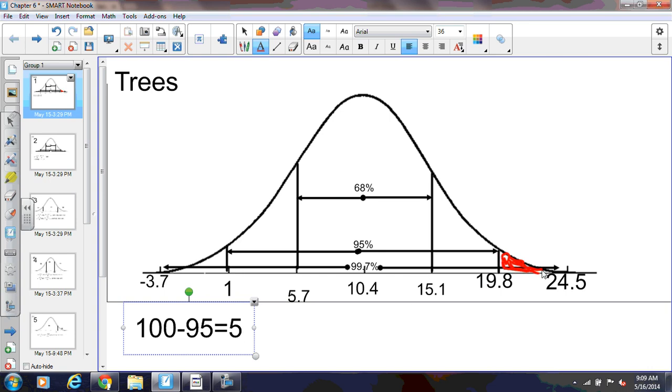Since we're just interested in the area above 19.8, and this is a symmetrical distribution, we can divide 5 by 2. It gives us 2.5%. So 2.5% of the trees would have diameters greater than 19.8.